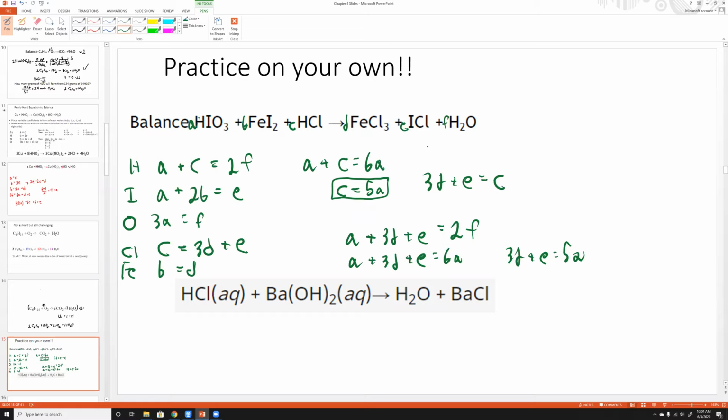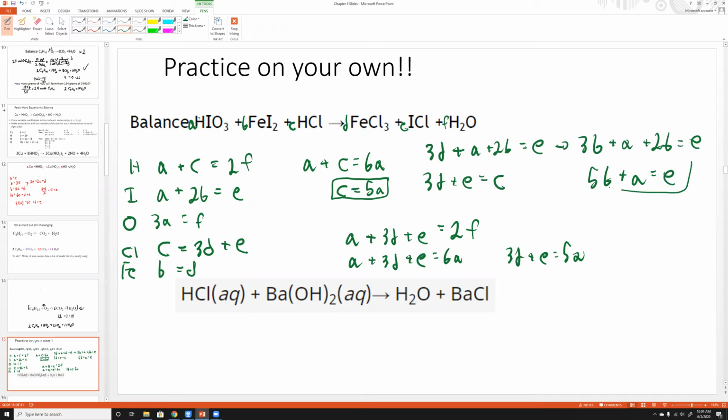So we know that E, we can go from here, we go 3D plus, replace E with A plus 2B equals E. And now since we know that D equals B, we can do 3B plus A plus 2B, which is 5B, equals E. So we have 5B plus A equals E. So we have this equation. And then we need numbers now. So we have everything we need. Oh, these are almost the same equation. So let's figure out numbers.